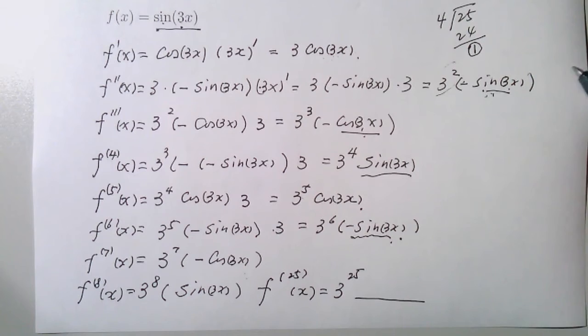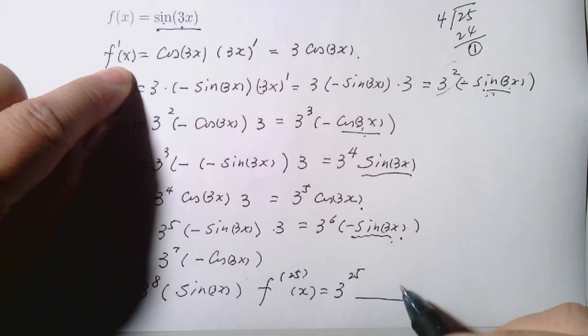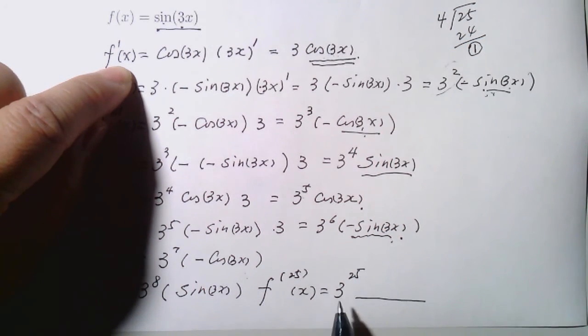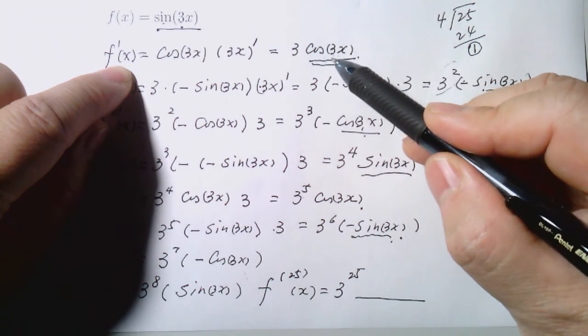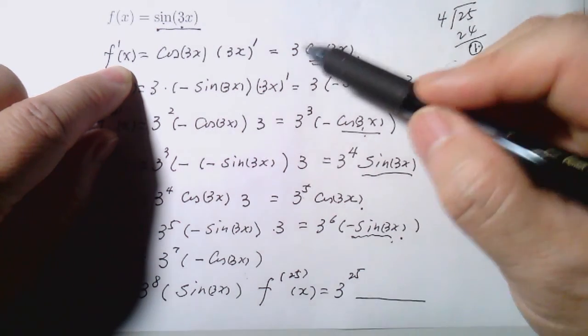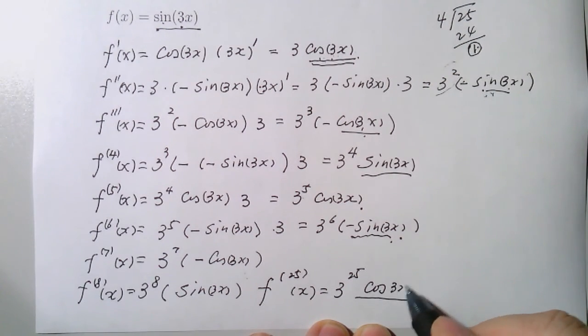That tells us the function is the same as the first derivative's function. Don't look at the coefficient; the coefficient is already done. Because the remainder is 1, that gives you cosine 3x.